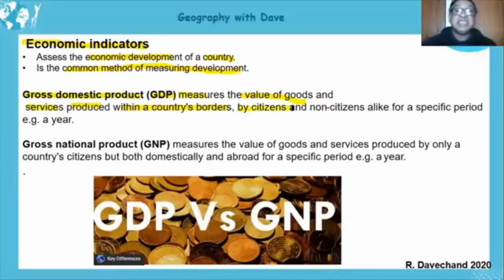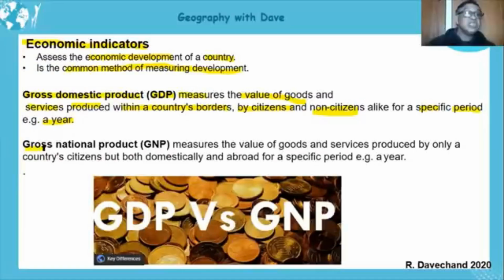And it's by citizens and non-citizens. So in South Africa, it's by South Africans and people who came into South Africa from other countries. That's your GDP within the country and by citizens and non-citizens for a specific period, in many cases a year. They measure it for each year, and you can see whether it's improving or decreasing.